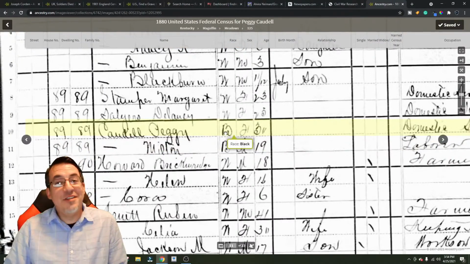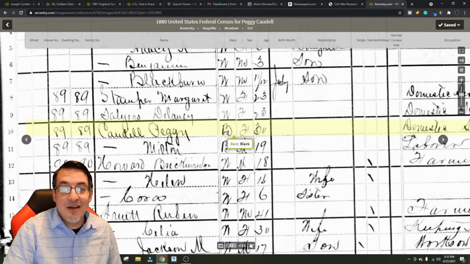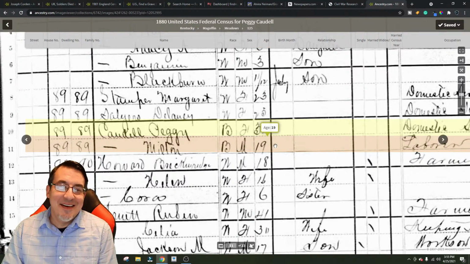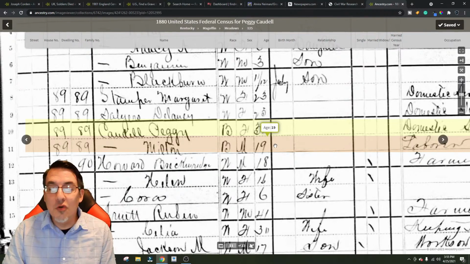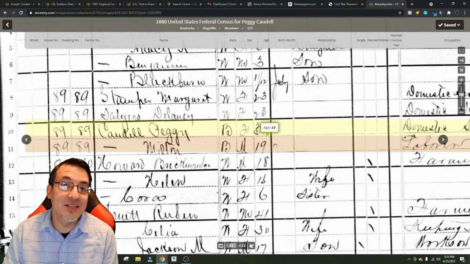Now you can see how she's listed. B. She's black. Now, if you are 30 years old in 1880 and you're black and you're living in Kentucky, there's a really good chance that you were not a free person before 1865.